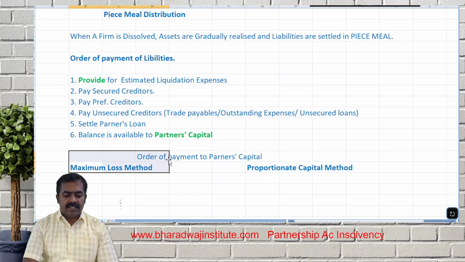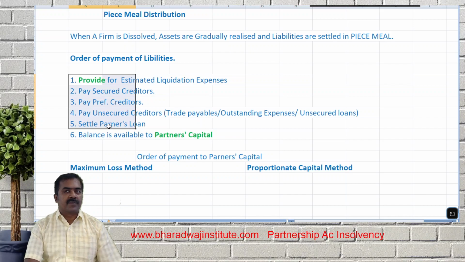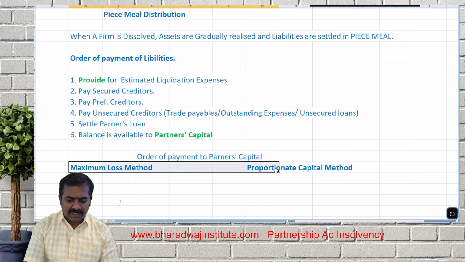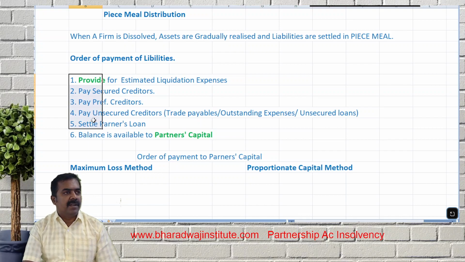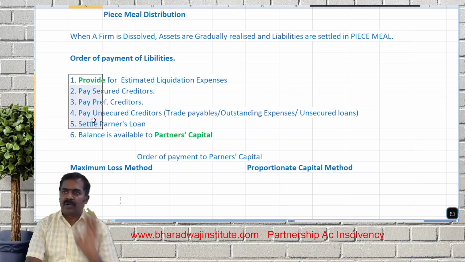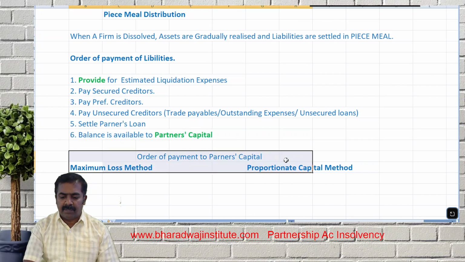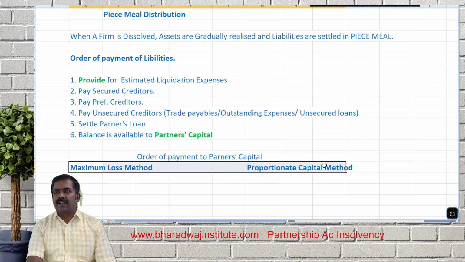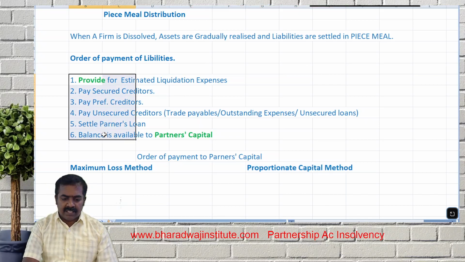For both methods, the first 5 steps are the same. What do I mean by the first 5 steps? Whether you follow the maximum loss method or proportionate capital method, settlement of external liabilities and partners' loan follows the same order. The balance available to partners is then paid by either maximum loss or proportionate capital method. Now, have we taken up these 6 steps?